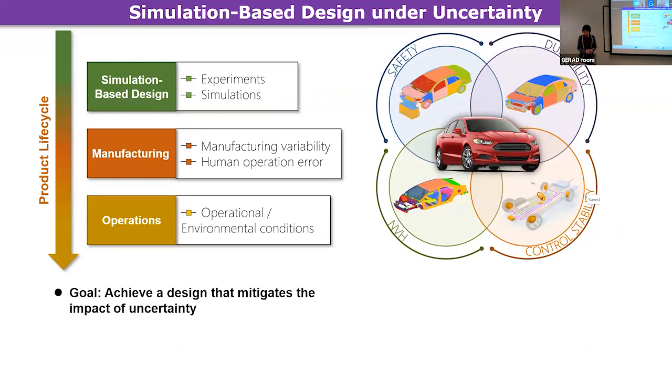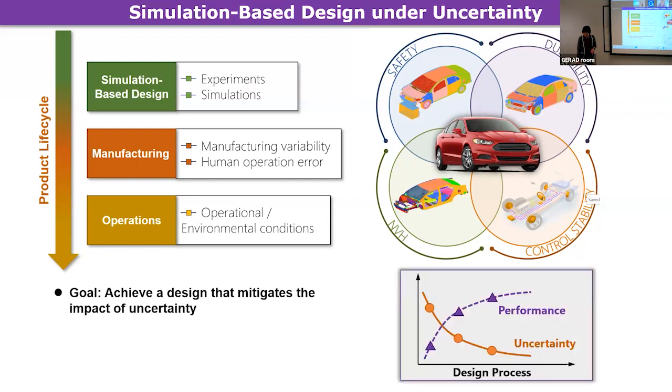So I think about the time when I was a PhD, we had this new paradigm called simulation-based design coming up. I'm listing here an example that we worked on a lot in the past, the automotive structural system design problem. Under this kind of research, my focus has been on design under uncertainty. So I'm listing here some sources of uncertainty associated with manufacturing operation. The goal of the design is to try to mitigate this uncertainty.